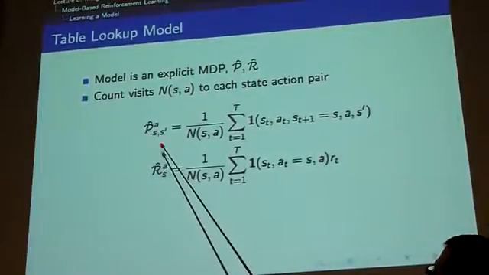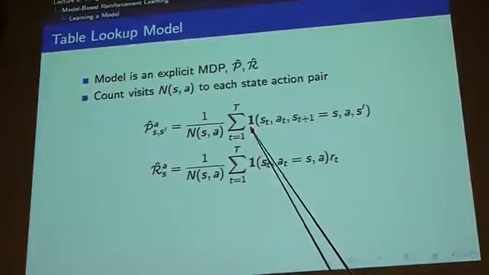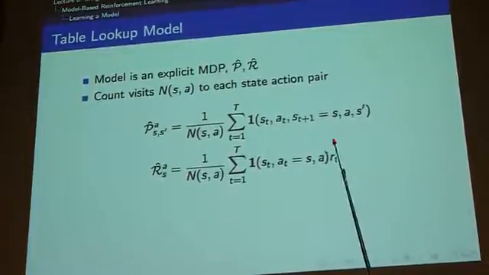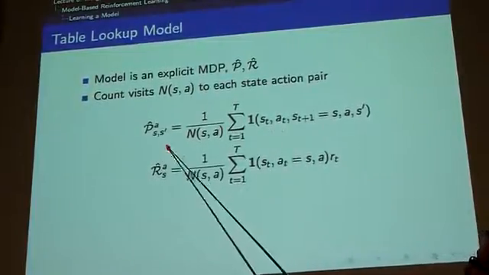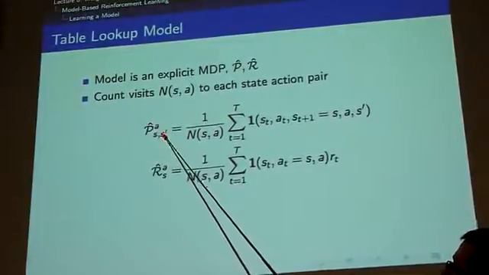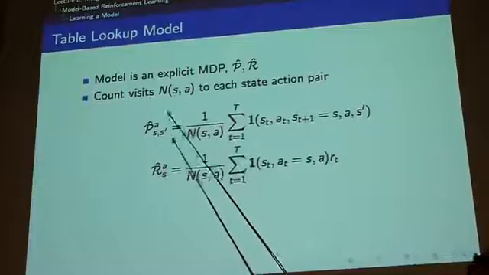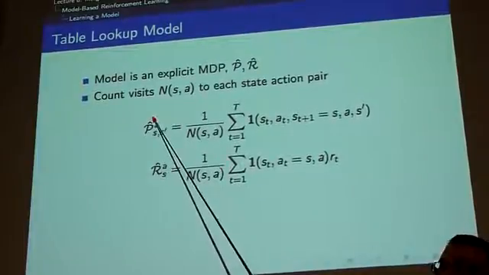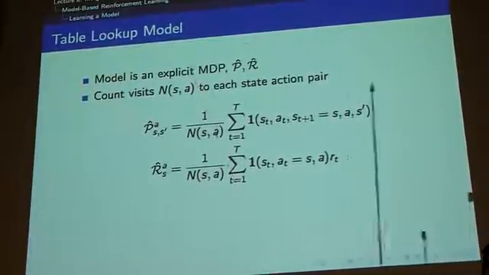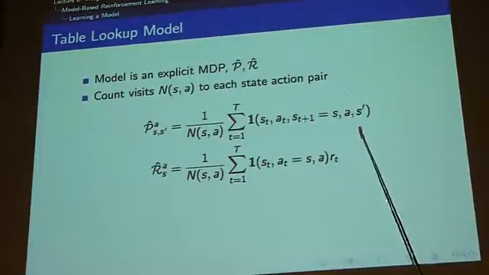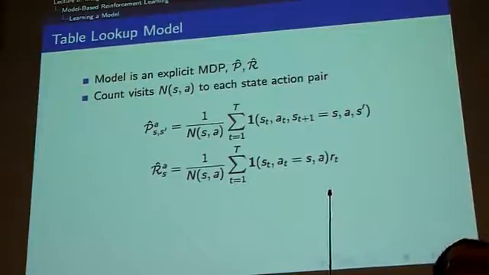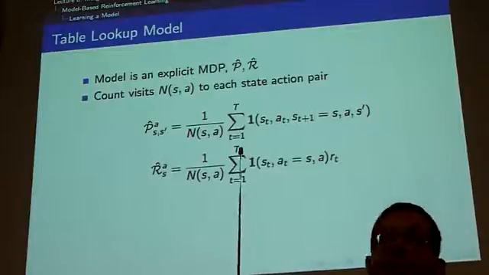Similarly for transition dynamics, we count up the number of times we were in state S, took action A, and then transitioned to S prime. We normalize that by the total number of times we were in state S and took action A. It's a very simple way to estimate the transition dynamics, just by counting how many times we went to a particular state S prime compared to all other states we could have gone to.